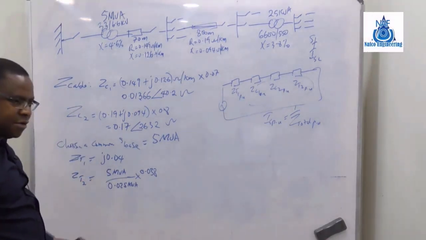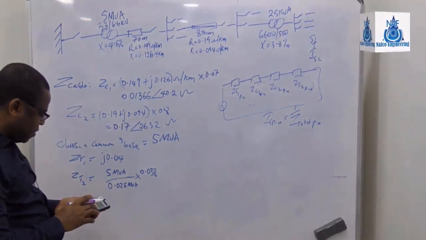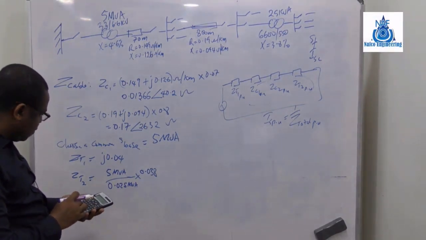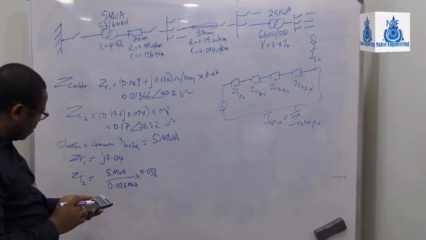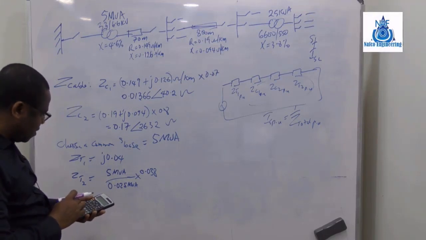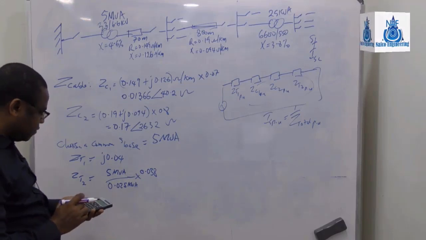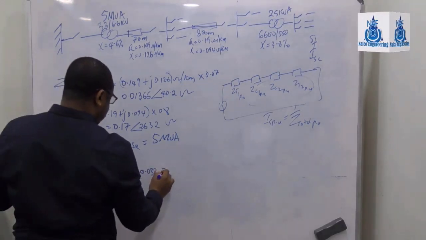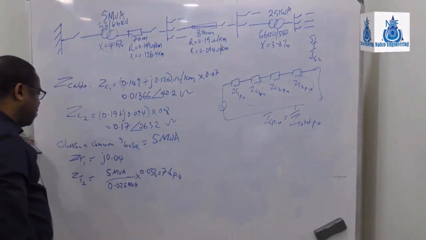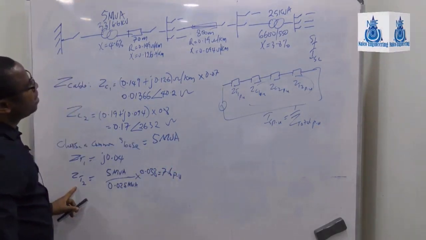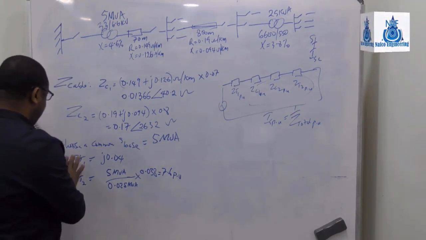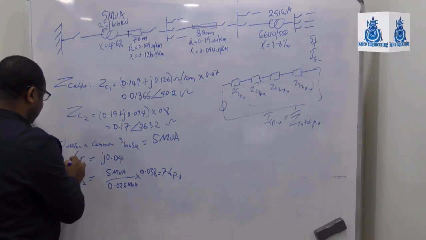So we have 5 divided by 0.025 times 0.038. So you get 7.6 in per unit. And this is Z, I just put X, it's not just X.